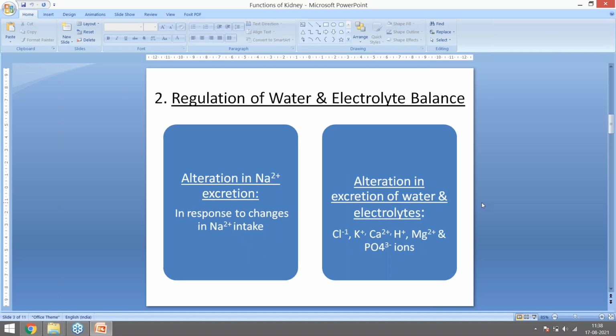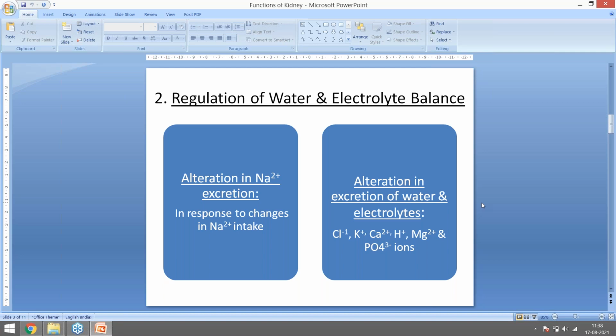The second function is regulation of water and electrolyte balance. So basically, the kidney has a huge capacity to make alterations in sodium excretion, and that depends on the kind of sodium intake a person has.